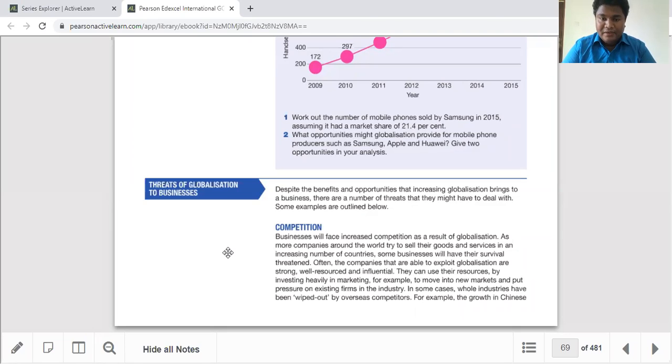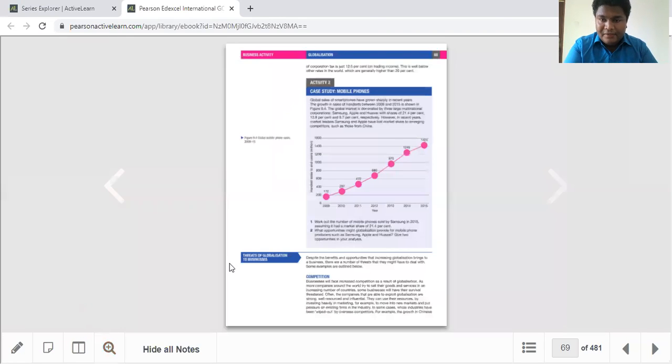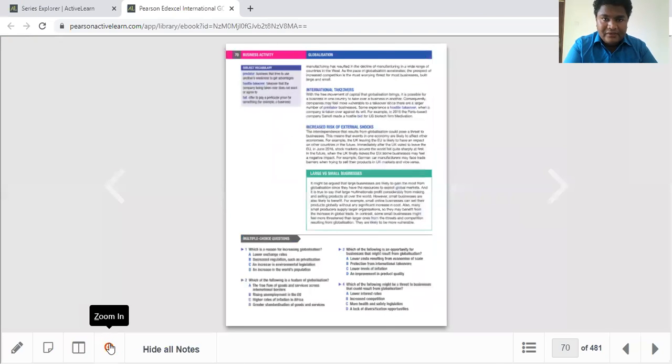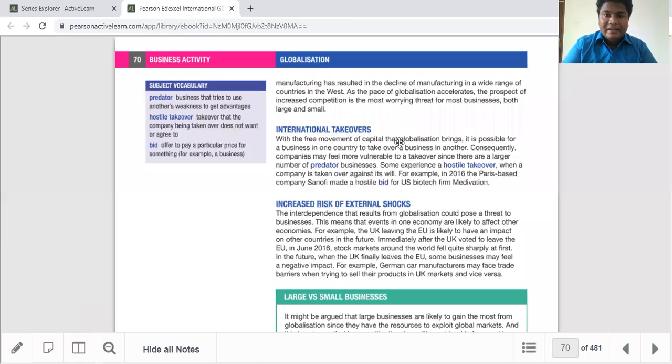Like they're giving some examples, in some cases whole industries have been wiped out by overseas competitors. They are giving the example of the growth of the Chinese market. As a result of that, what happened? Manufacturing has declined in a whole range of countries in the West.